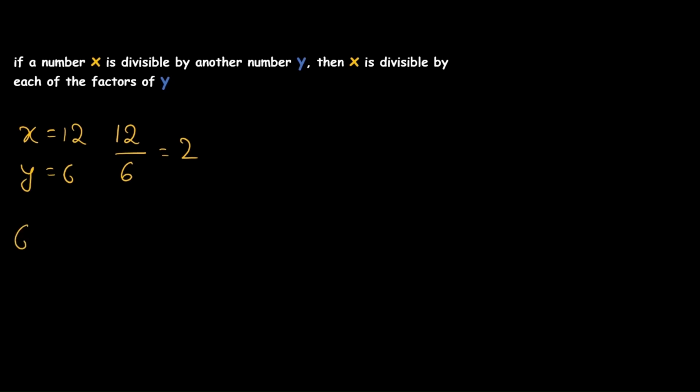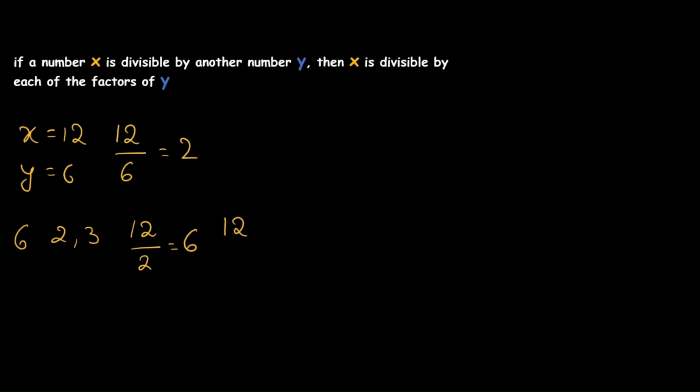The factors of 6 are 2 and 3. Of course, 1 is a factor of every number, so let's ignore 1 for the moment, because 1 can divide any number completely. So 12 divided by 2, the first factor of 6, gives 6 as the quotient and 0 as the remainder.